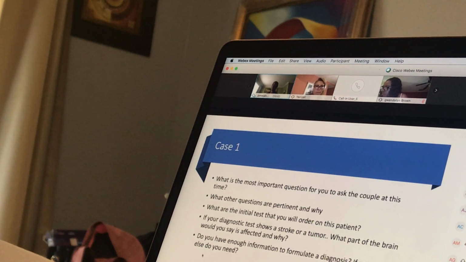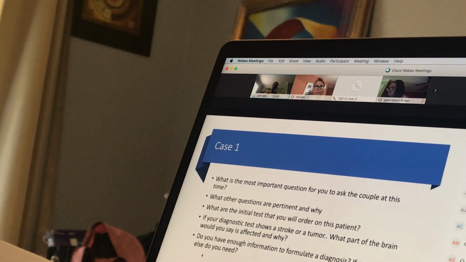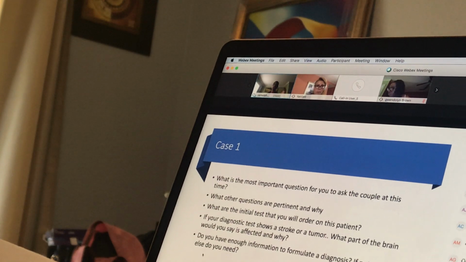So if she's left-handed and she has weakness on the right side of the body, then you're going, okay, well, if weakness is on the right side, then it's the left brain. So she's having speech difficulty and right-sided weakness, we know it's the left brain.